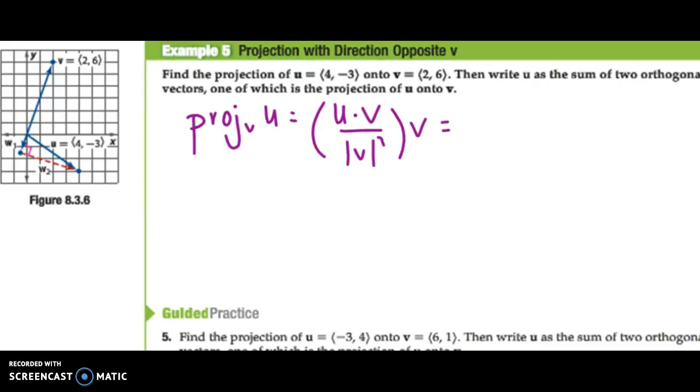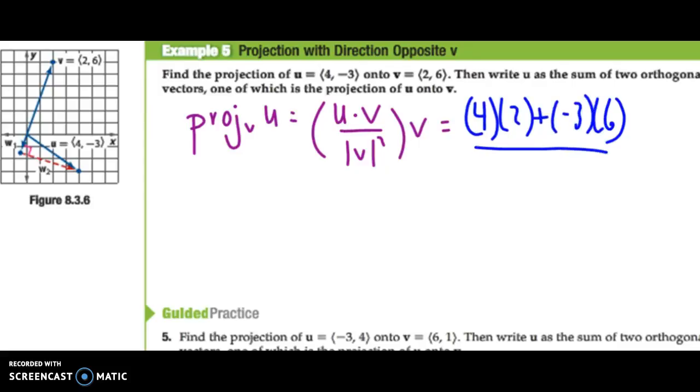So first the dot product would be 4 times 2 plus negative 3 times 6, all over the square root of 2 squared plus 6 squared, that quantity squared, then times my vector v, which is (2, 6). Okay, simplify as much as we can.